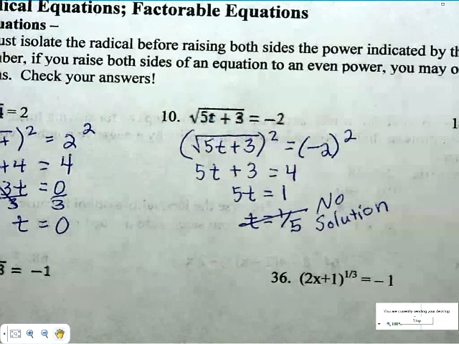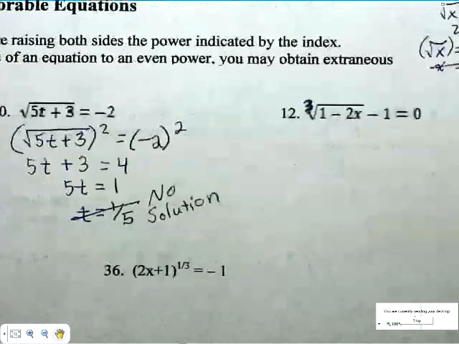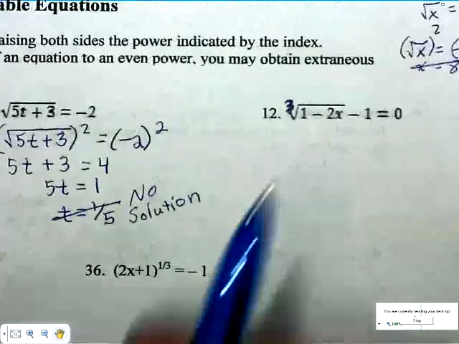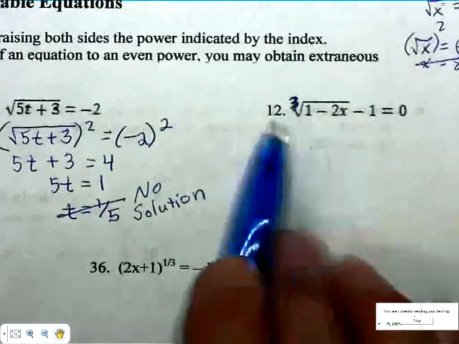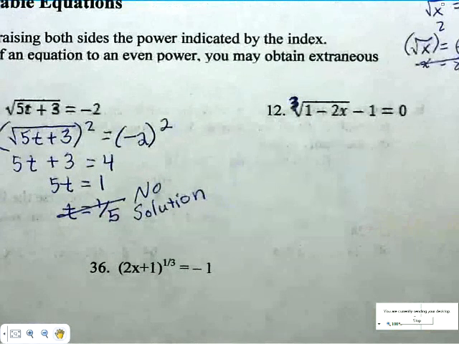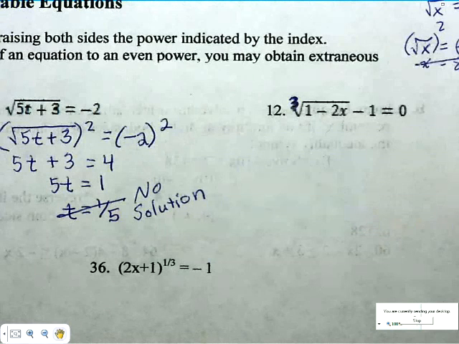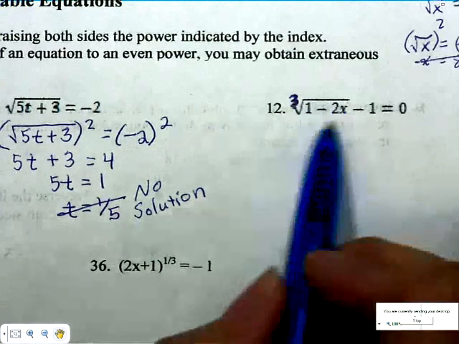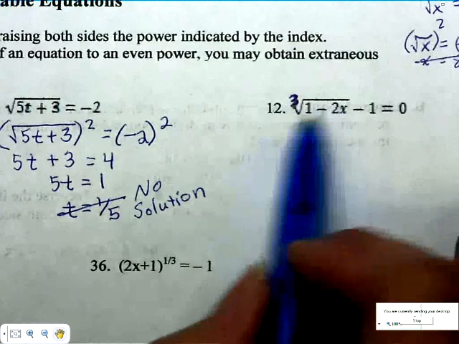All right, number 12. My printer was having a little bit of issues the day I printed this. That's cube root if it didn't print clearly on your paper. How many terms are on that left-hand side? Good job. All of this that's held together under the radical, that's all one term.